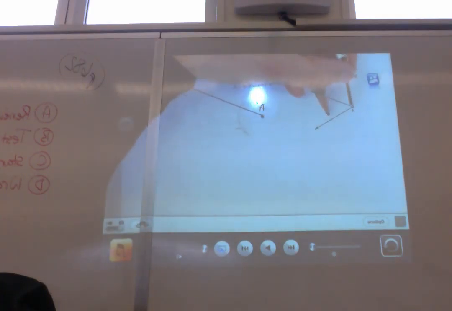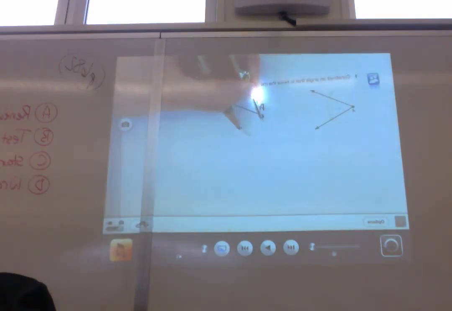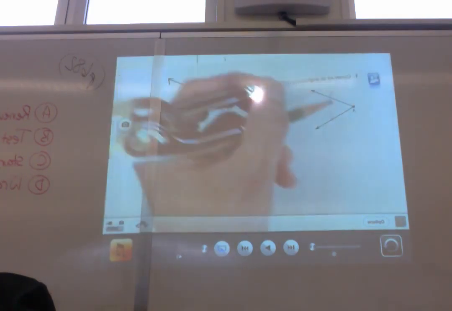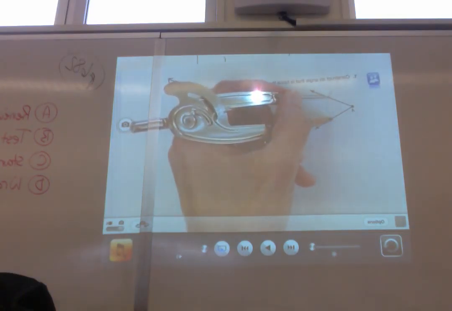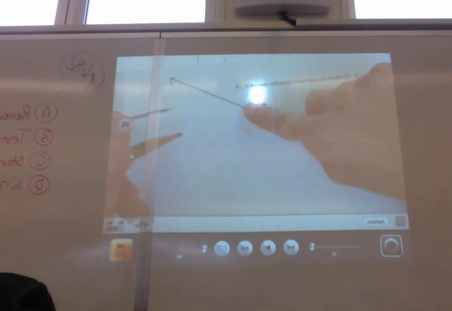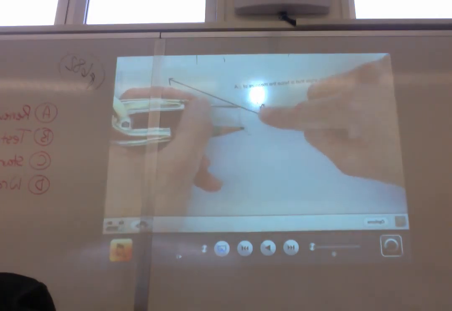So the first arc, they matched the two angles. The second arc, you got to match the two sides of the angle. The pointy part goes where the crisscross is, and the pencil part makes a little tiny mark on that other arc.